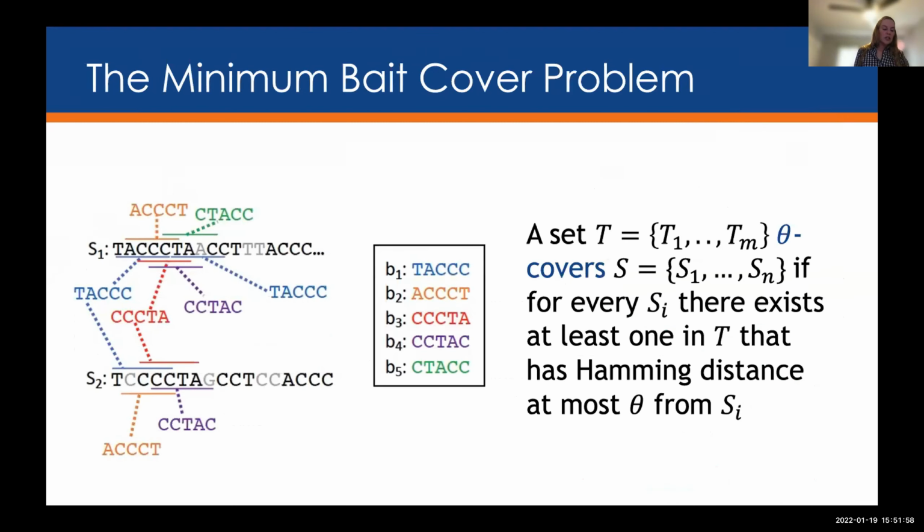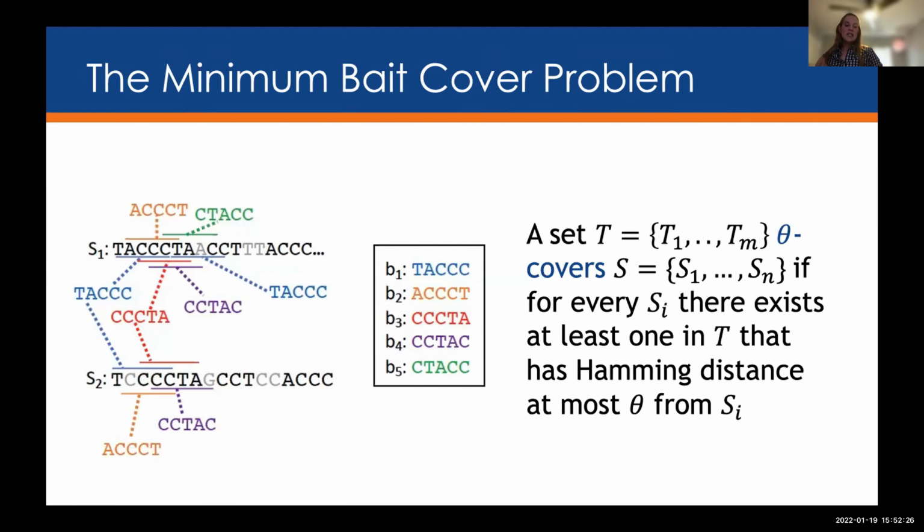So the first thing that we attempted was coming up with a combinatorial formulation of the problem. Our formulation depends on the following definition. We have a set T of sequences, which are going to represent the baits.